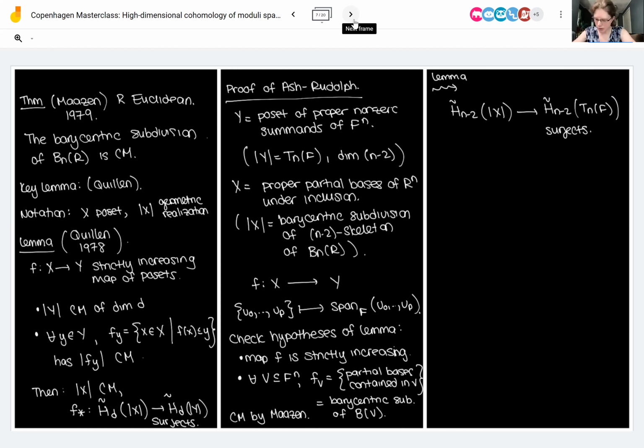Great. And so now we need to show that this surjectivity gives us generation by integral apartment classes. So let me draw a picture.